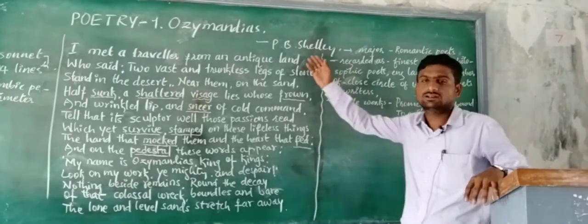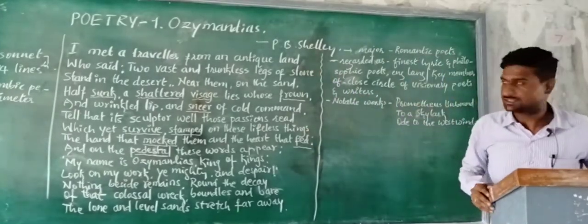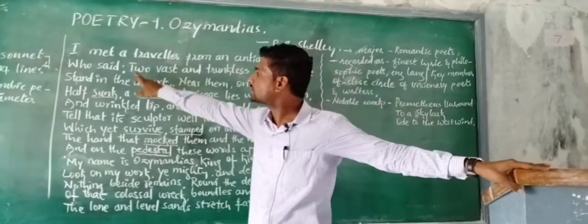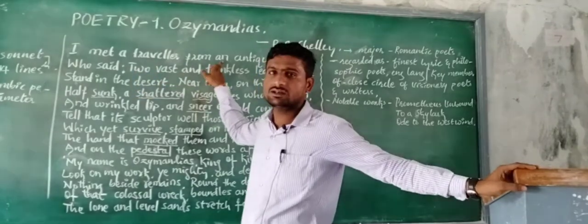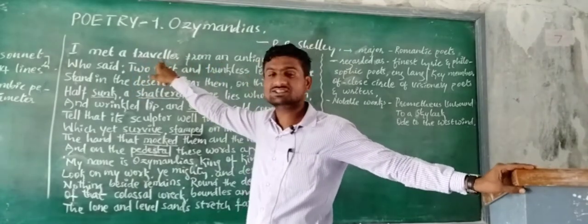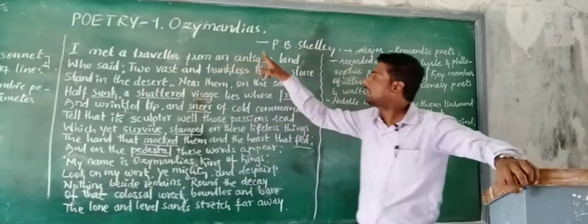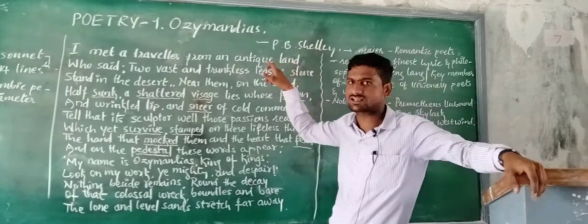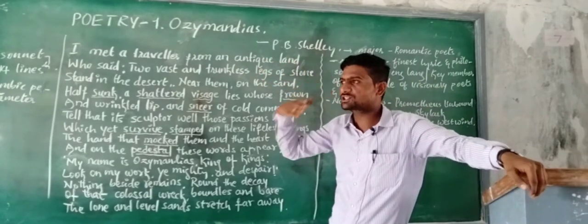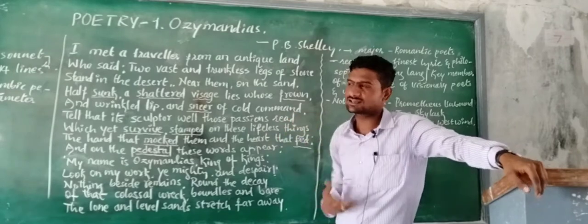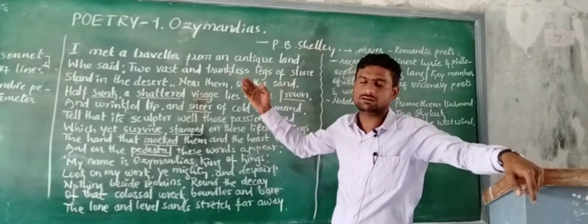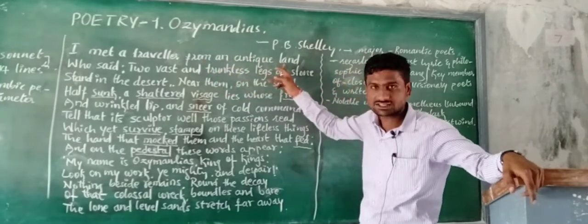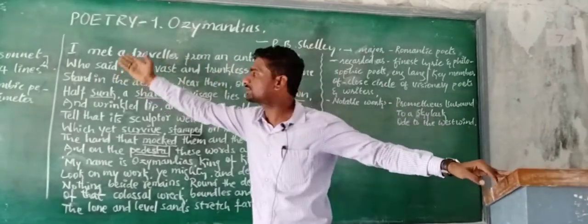Antique land means ancient land. And the second line begins, who said, that means the traveler, when the poet meets a traveler in the antique land, that means the Sahara desert. Yes, the poet used to walk in the Sahara desert, and there the poet meets a traveler who comes from an antique land.